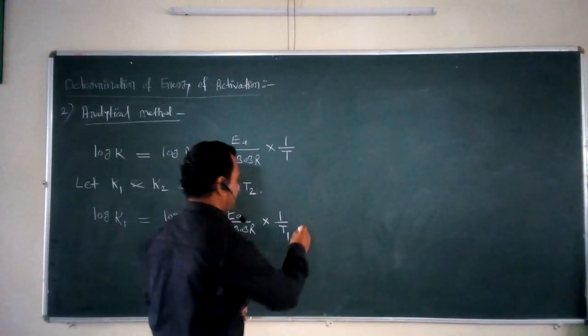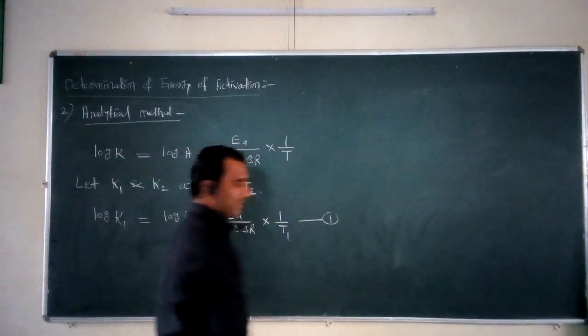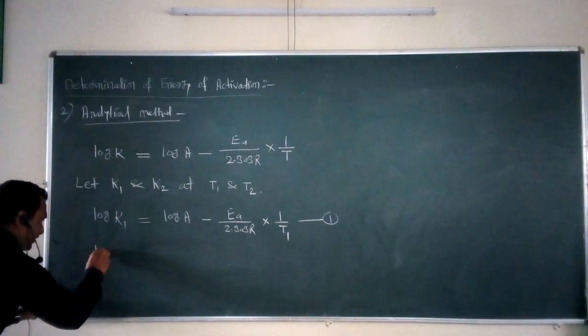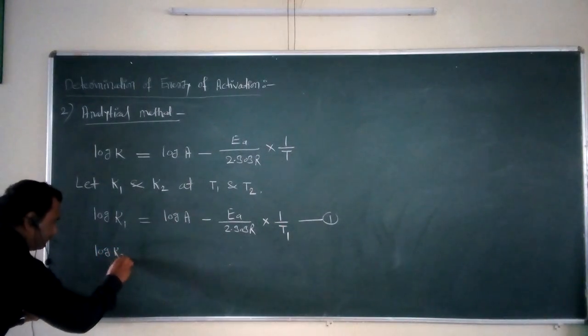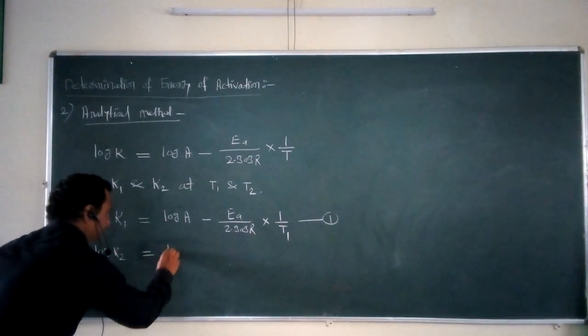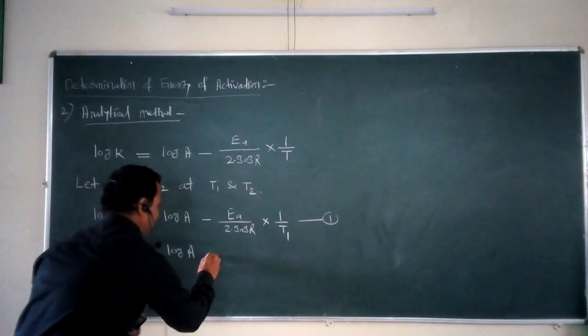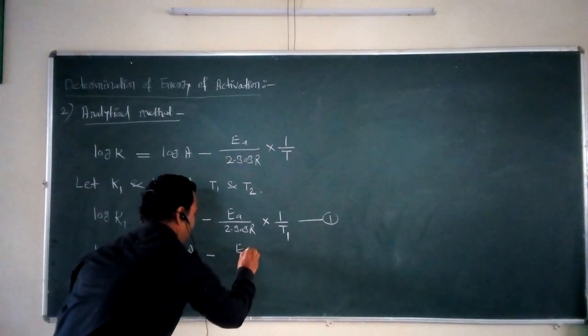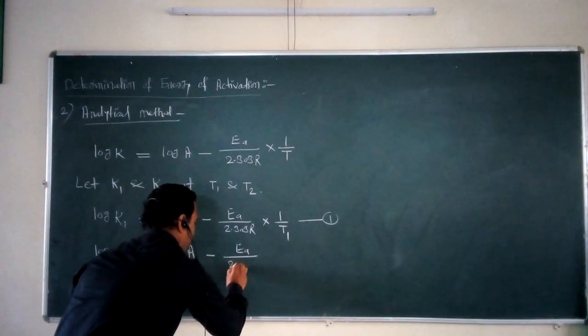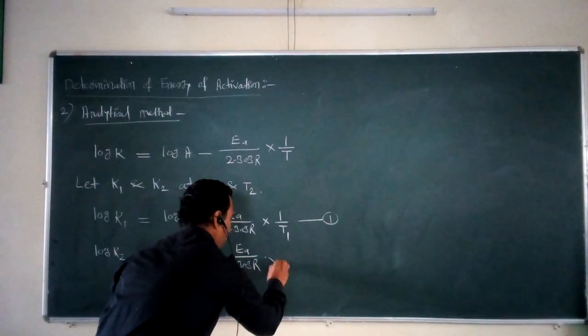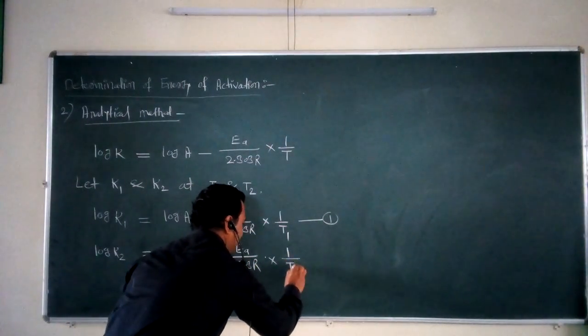This is equation number one. In a similar way, if we substitute the second rate constant, log K2 = log A - Ea/(2.303 R) × (1/T2).